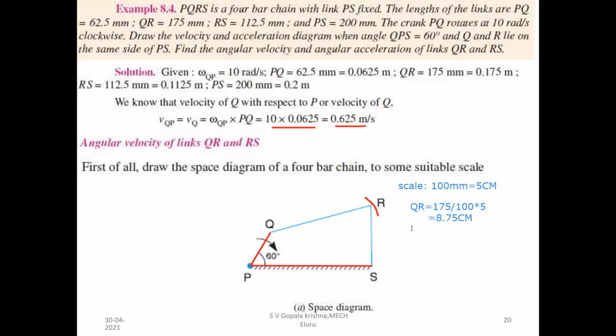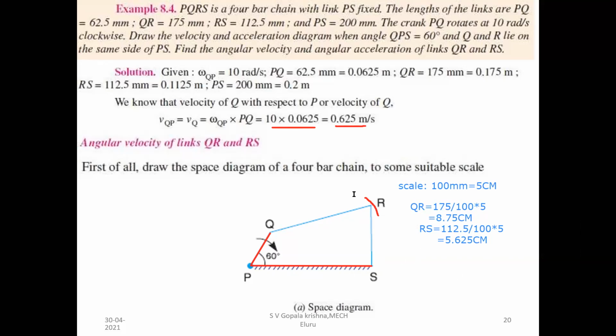So RS equals 112.5 divided by 100 star 5, equals nearly 5.625 centimeters.